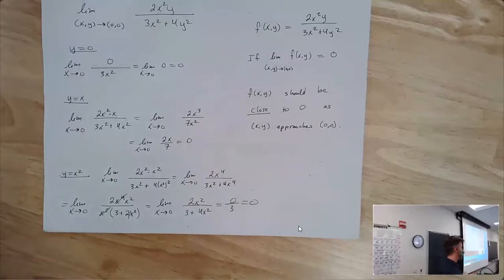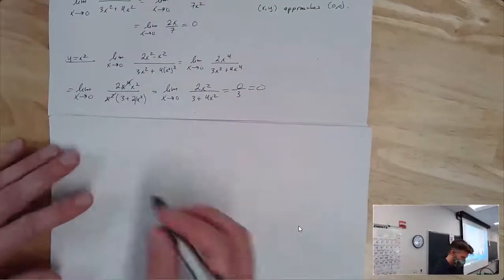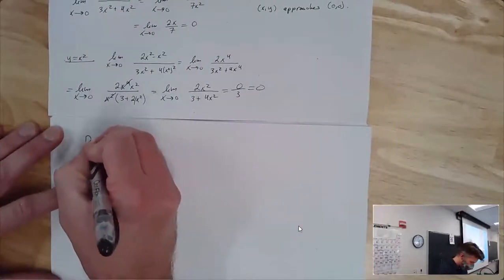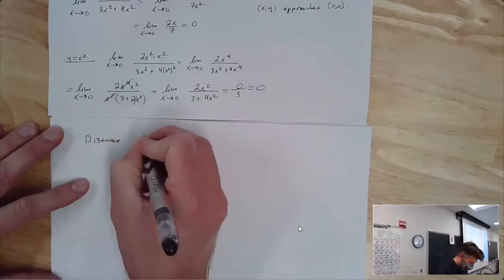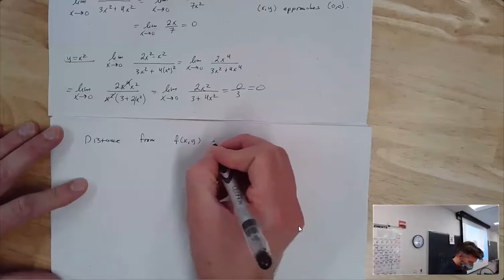If you want a function to be close to a particular number, the way we express that mathematically is by saying the distance to that number should be as small as you want. So I want to talk about the distance from f of x, y to 0.